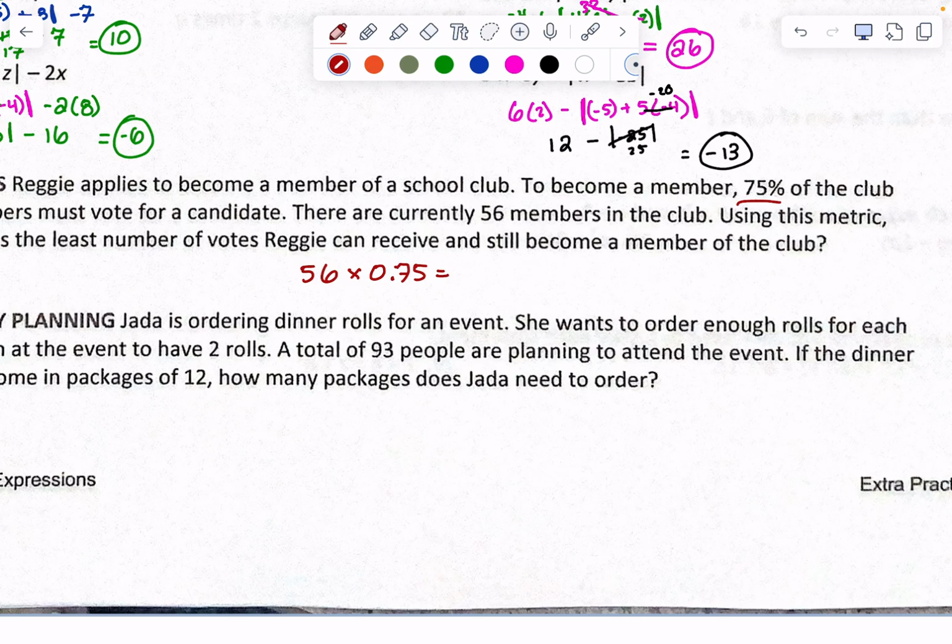I thought it was going to come out as a decimal. If it came out as 42.1, how many people would have to vote? 43, because 42 votes is not 75%. That would be like 74%, right? So you would have to round up always. That's kind of the tricky thing.